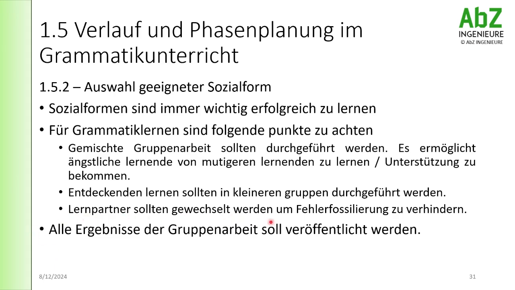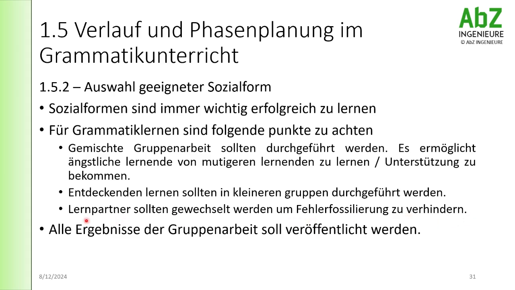Make sure to change the Lernpartner so that you prevent Fehlerfossilisierung. Fehlerfossilisierung or Fossilisierung basically means when students learn a particular way with errors, and when they are not notified about the error, then they tend to use the same form again and again, and once it gets into the Langzeitgedächtnis, it's difficult for them to change.